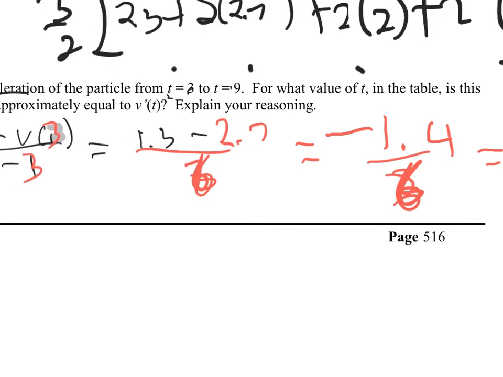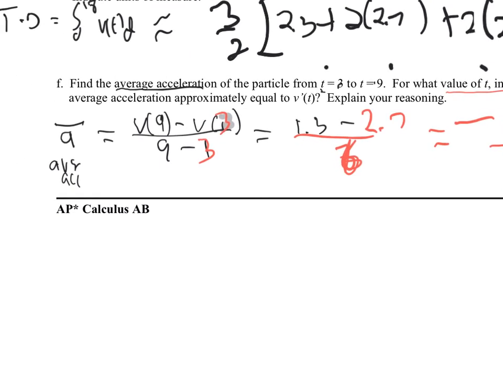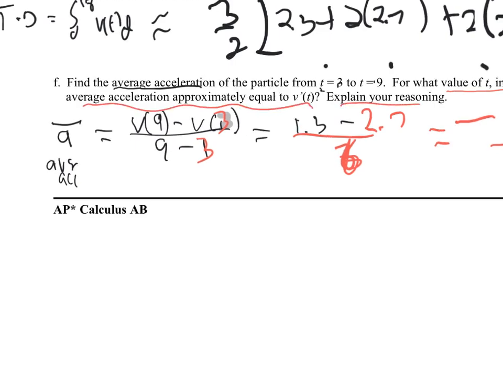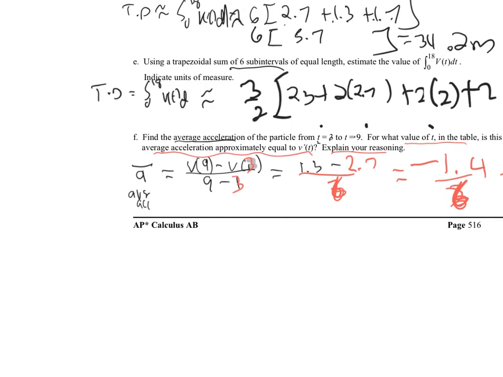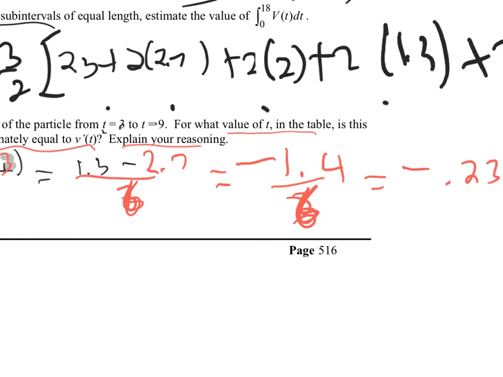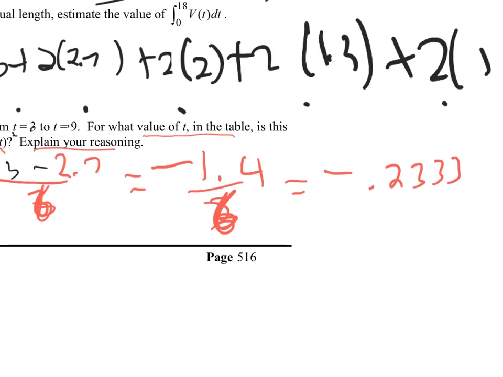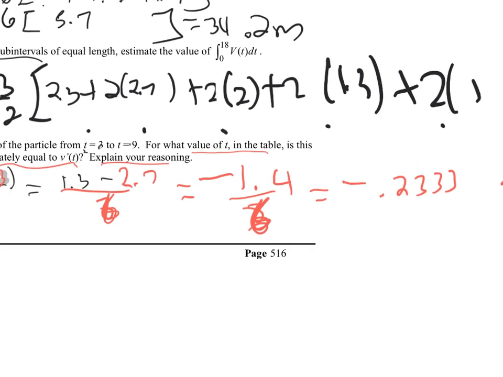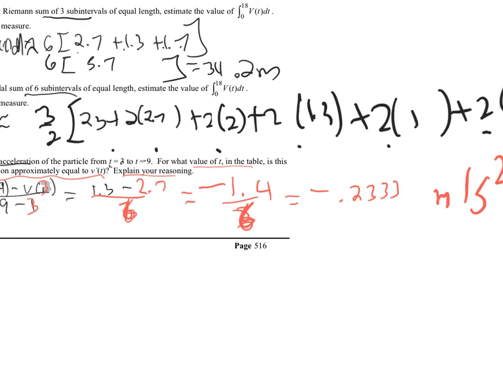And what value of t in the table is this average acceleration approximately equal to, and explain why? Well, let's first go look up. What value gives me the same answer? 0.2333.